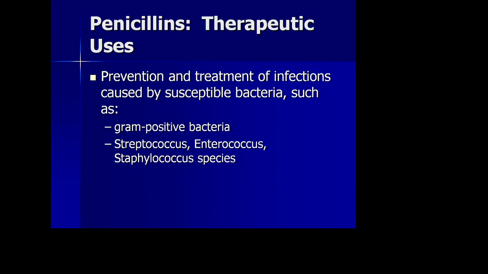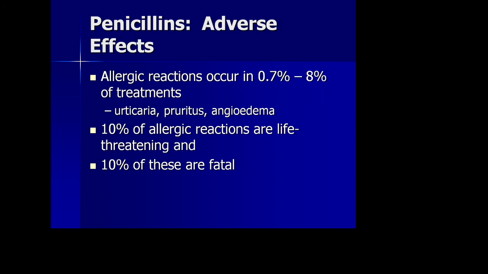Next is therapeutic use. Penicillin is mostly used against gram-positive bacteria, for example Streptococcus, Enterococcus, and other species. Adverse effects include allergic reactions, mainly urticaria, pruritus, angioedema, and other fatal chances also.